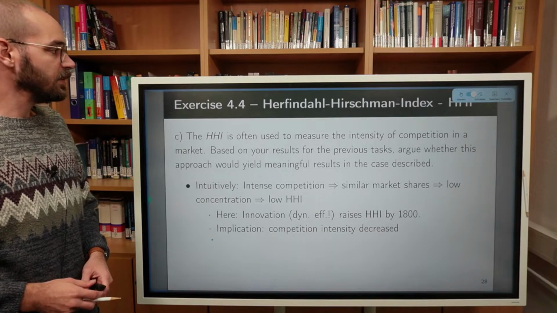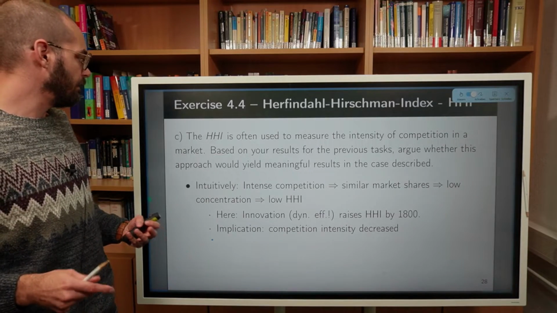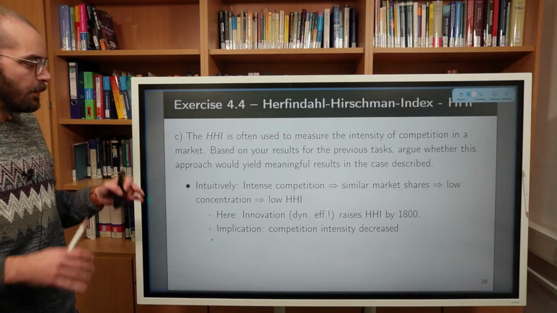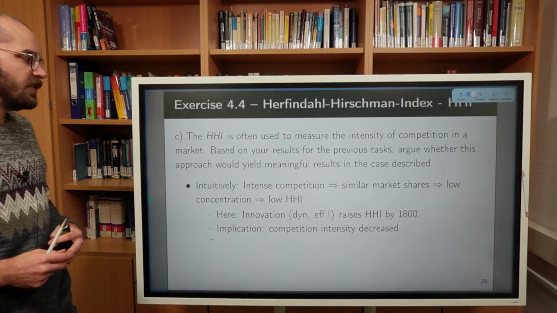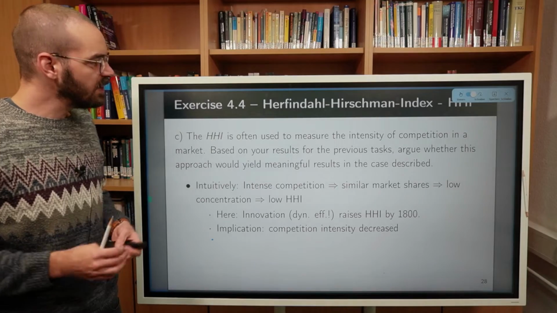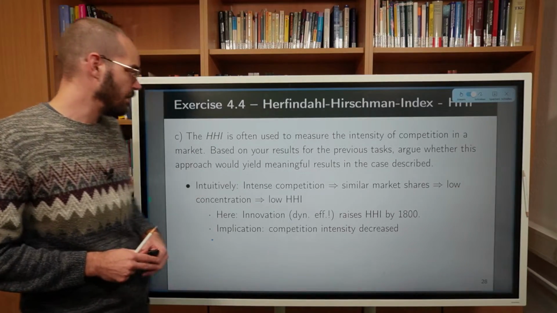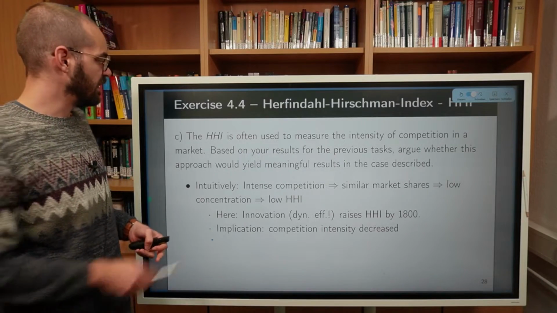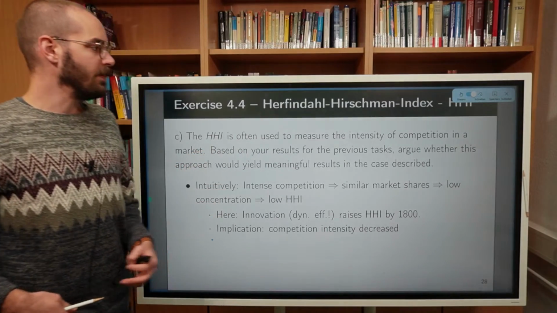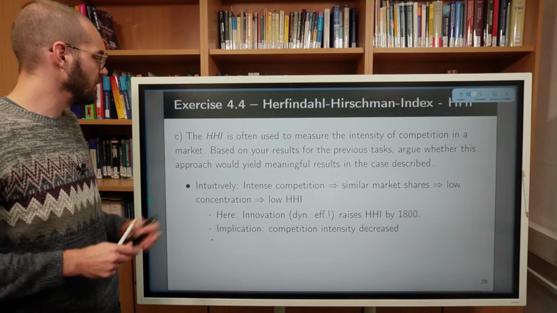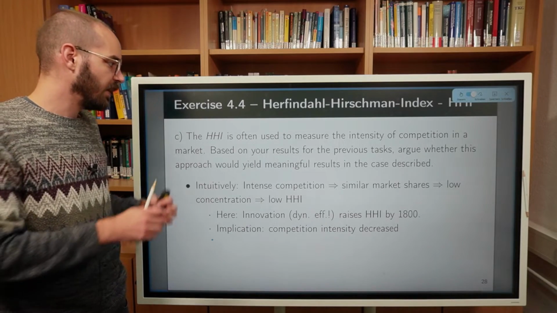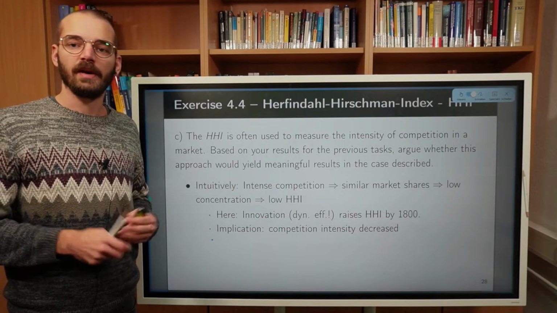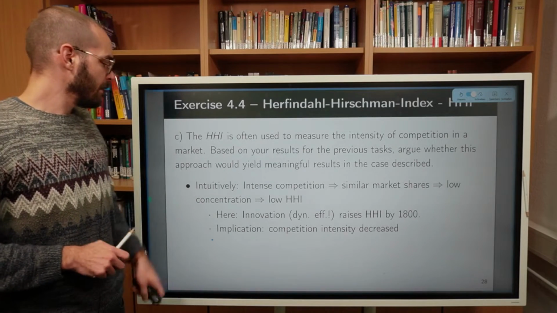In task C, we are asked to argue whether the approach of looking at the HHI would yield a meaningful result in the case described. So we are faced with the statement that the HHI is often used to measure the intensity of competition in a market. Based on what we just calculated and analyzed, we are asked to evaluate this.